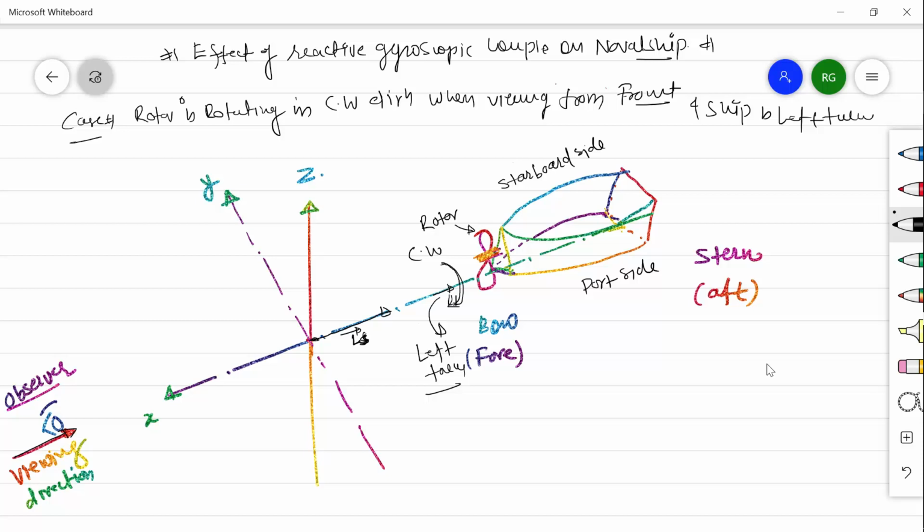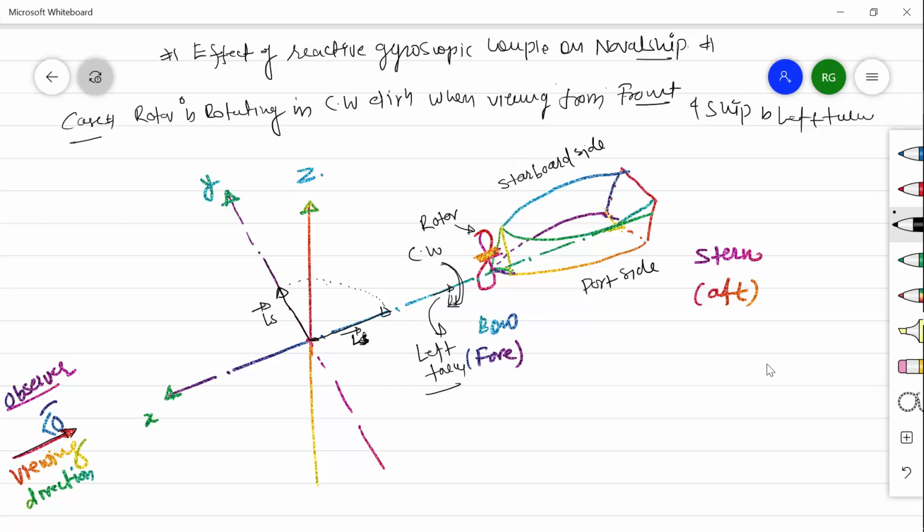When this ship takes a left turn, this angular momentum vector would travel in this direction, and when the ship has taken a 90-degree turn, this would be the direction of the angular momentum vector L_S after taking the turn.